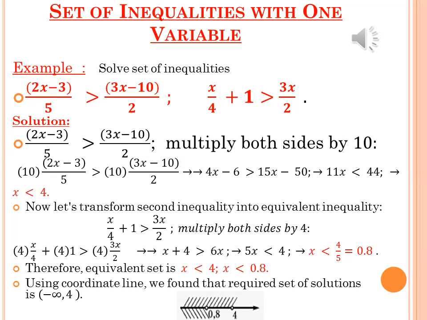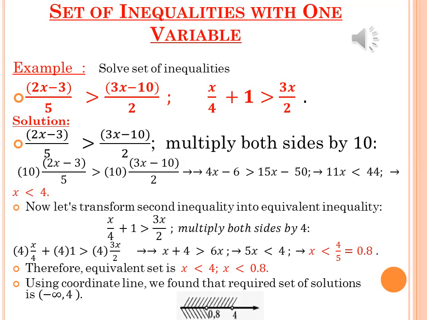So 5 cancels with 10, leaving 2. So 2 times 2x equals 4x. 2 times minus 3 equals minus 6, greater than. Here 10 divided by 2 is 5. So 5 times 3x is 15x. 5 times negative 10 is negative 50.